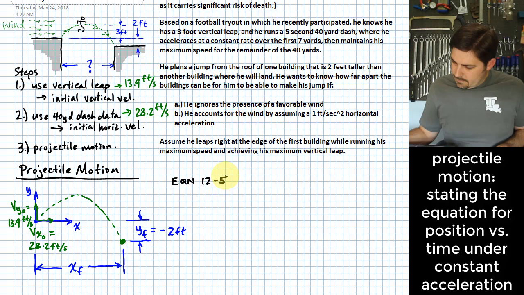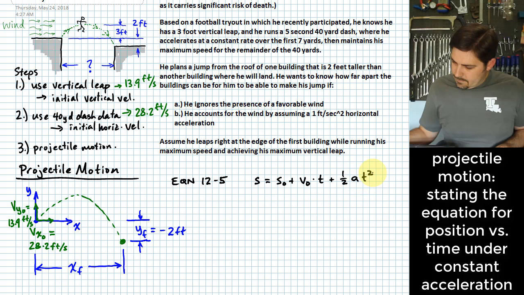It says S is equal to S naught plus V naught times T plus 1/2 times the constant acceleration A times T squared. That's the basic equation.